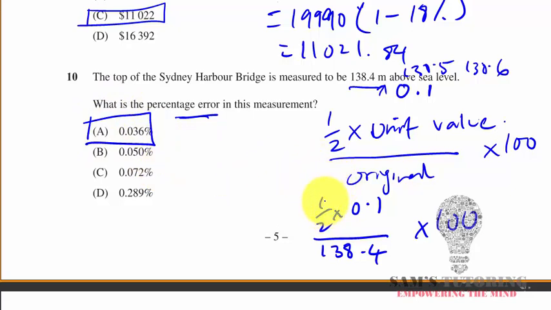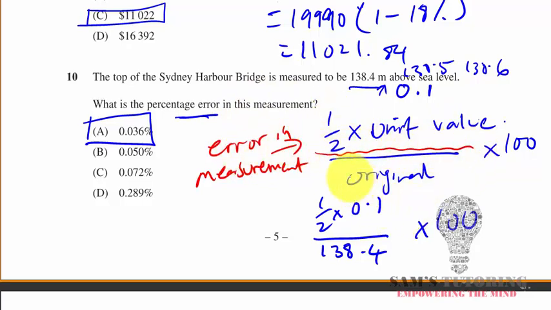Okay? This is the error in measurement. So percentage error would just be half times unit value over original. The error in measurement would just be half times unit value. Okay?